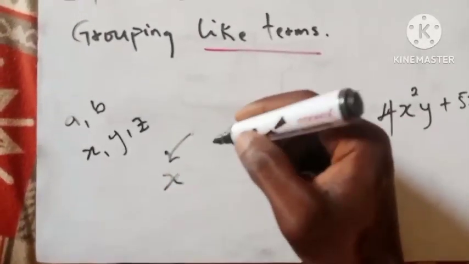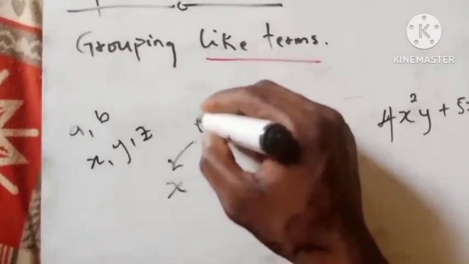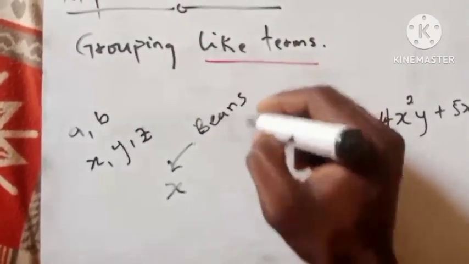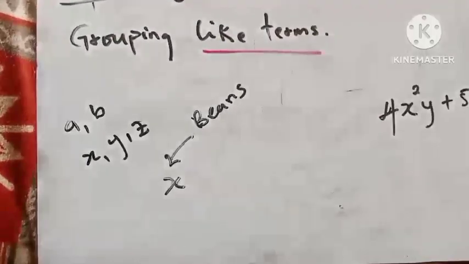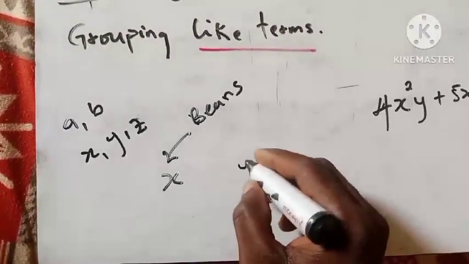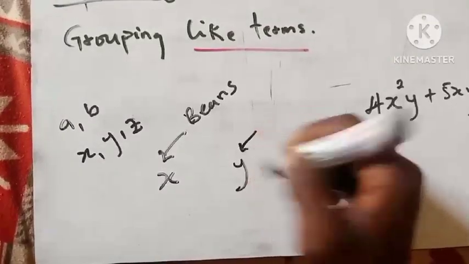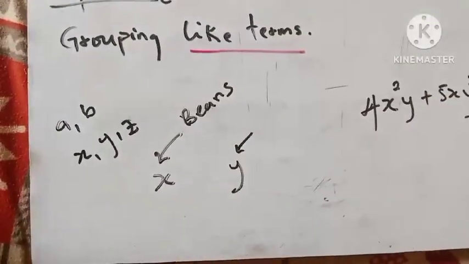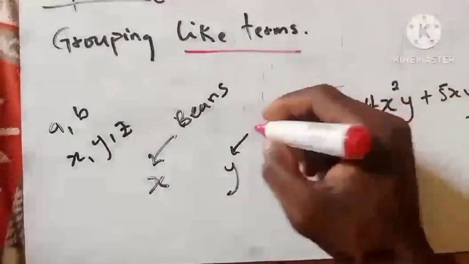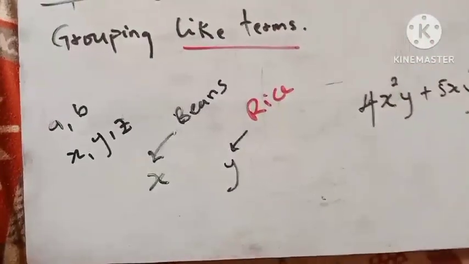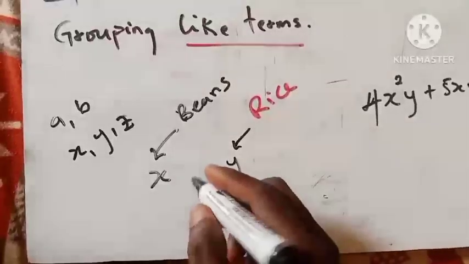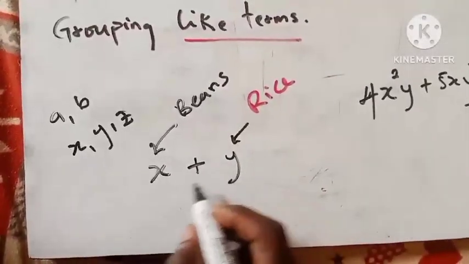This guy here can be beans. If you don't know what beans is, it is a favorite food in our country, especially for the youth. Another person can buy rice. So this can be rice, and maybe the combination of the two, so that's where addition comes in.